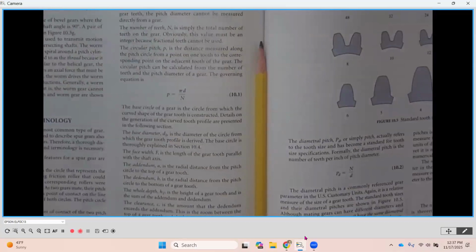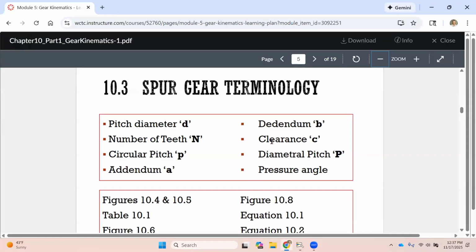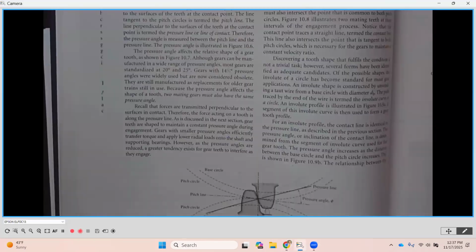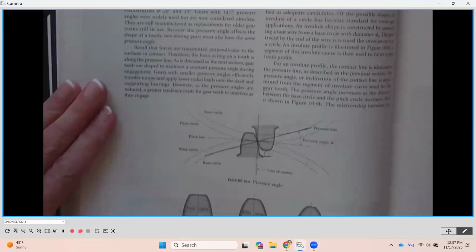All right, let me go back to our PowerPoint. So we covered all those items, and the last item that we have here is pressure angle. We're going to look on page 264, right here.